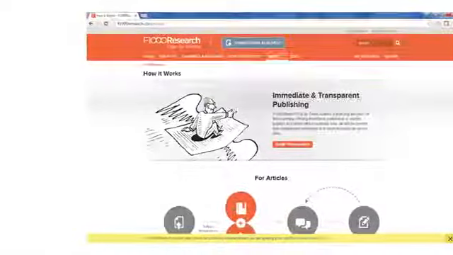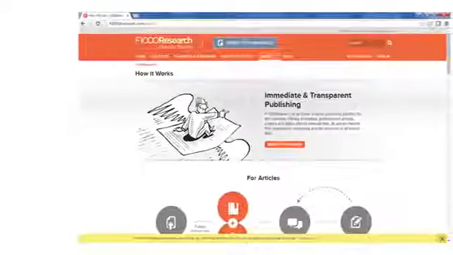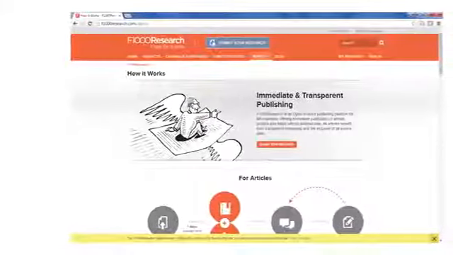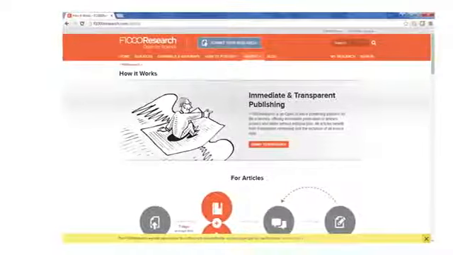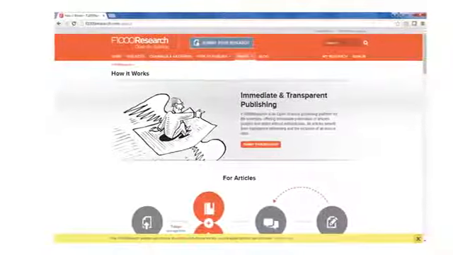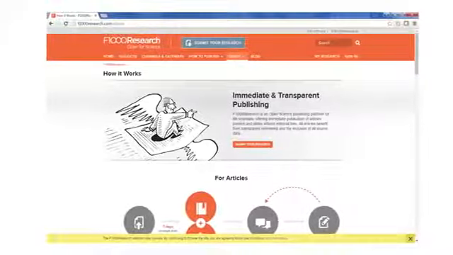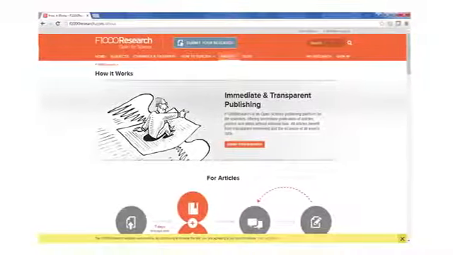So probably we would see in the coming years many more new types of journals, and surely there is a churning happening out there. This is again Faculty of 1000, another platform which looks at this idea of open science, making science completely transparent, and immediate publishing of research papers without even having to wait for the peer review.